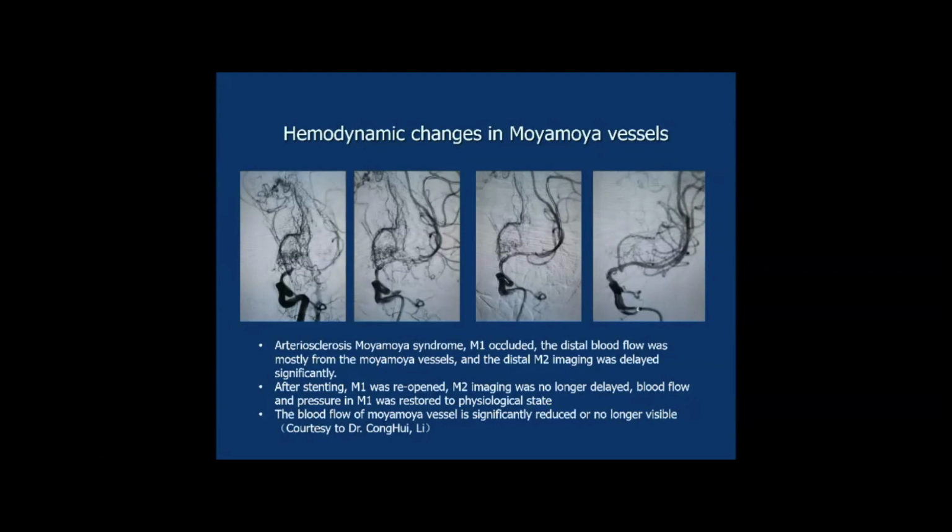The blood flow and the pressure in M1 were restored to physiological state. So the blood flow of the Moyamoya vessels is significantly reduced and they are no longer visible. So actually the natural history of Moyamoya disease was reversed by this treatment procedure.